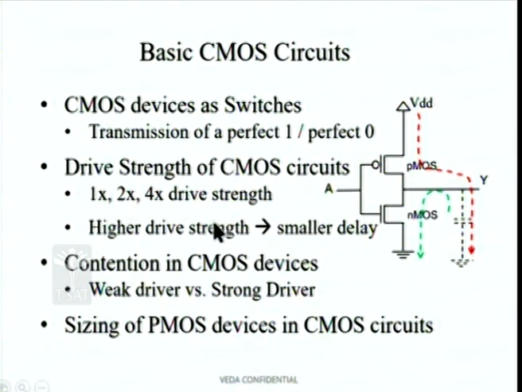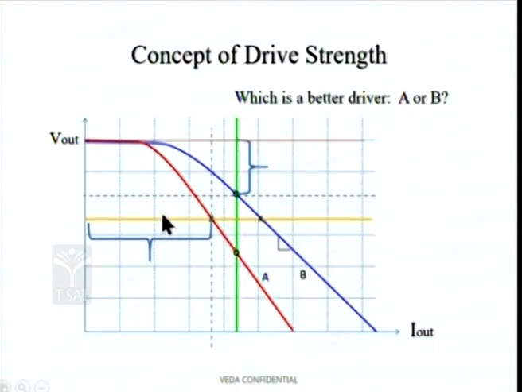Therefore, this is possible using higher drive strength. Of course, higher drive strength means a larger device. The area of that particular silicon is more for cells of a higher drive strength than for cells of a lower drive strength. So, the larger the drive strength, of course, the larger the area. We have seen this.